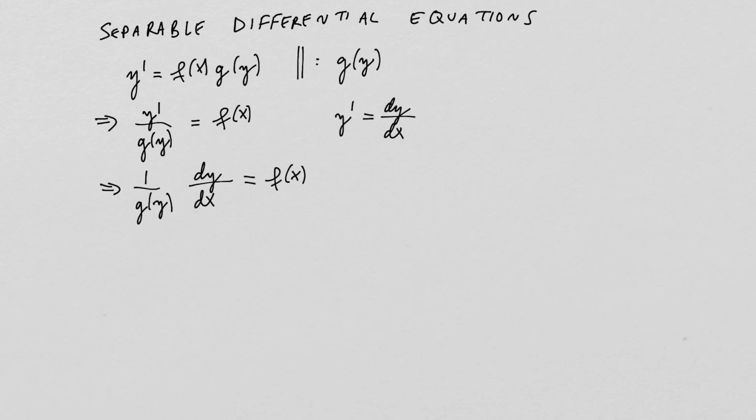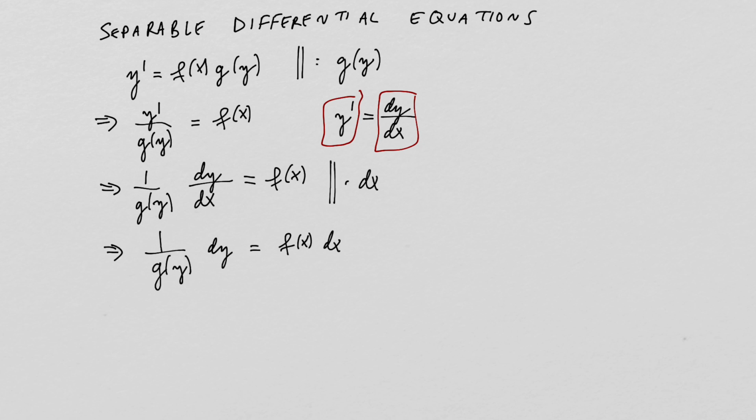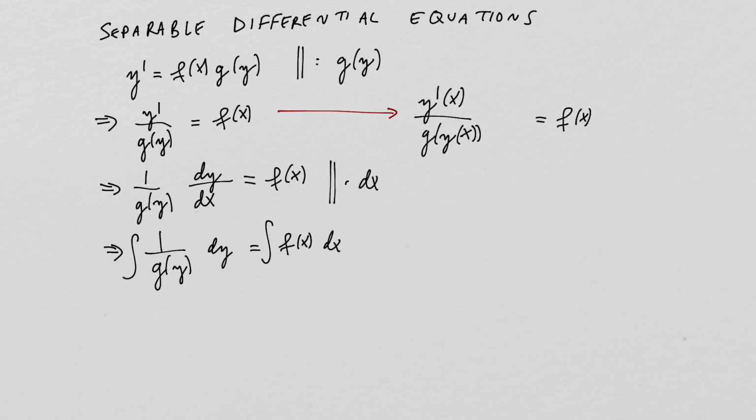If we think of the derivative of y as a fraction dy by dx, then we can multiply with dx and integrate on both sides. We can also think that y is a function of x, and there is no problem integrating on both sides.